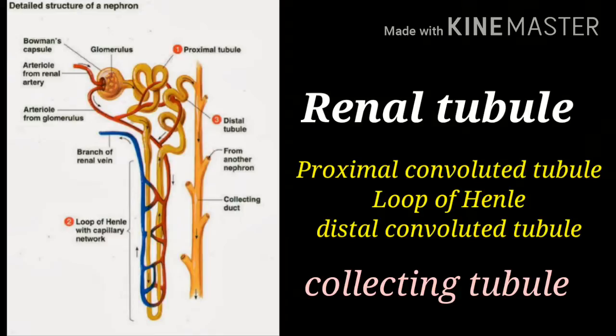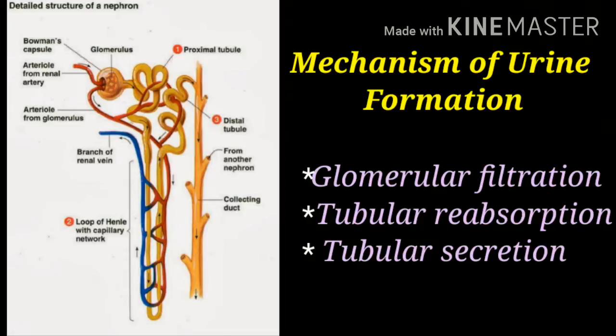From the collecting tubule, the nitrogenous wastes are drained into the renal pelvis, which leads to the ureters and is stored in the urinary bladder. Urine is expelled out through the urethra. Clear? Next, mechanism of urine formation.